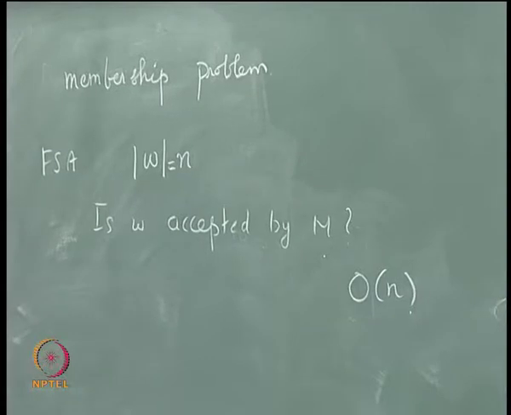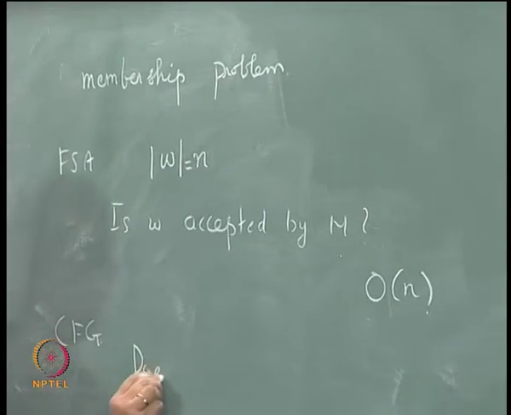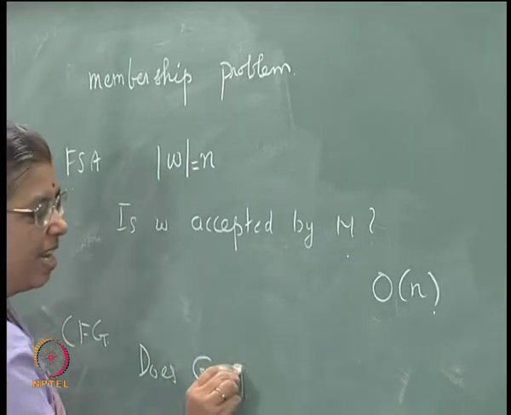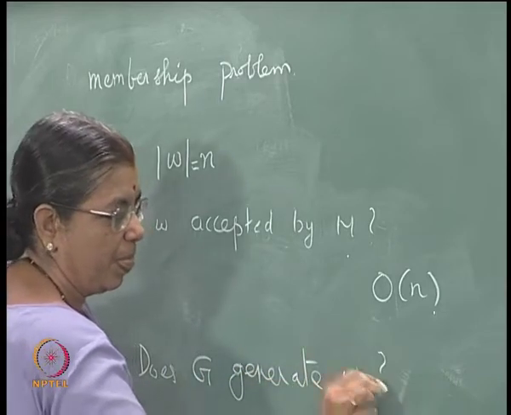The membership problem for FSA you can solve in linear time. For CFG or CFL, it is: does G generate W?